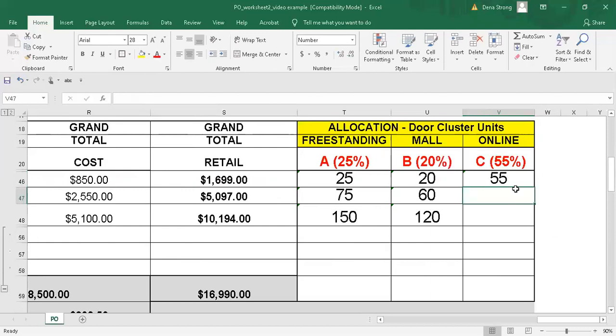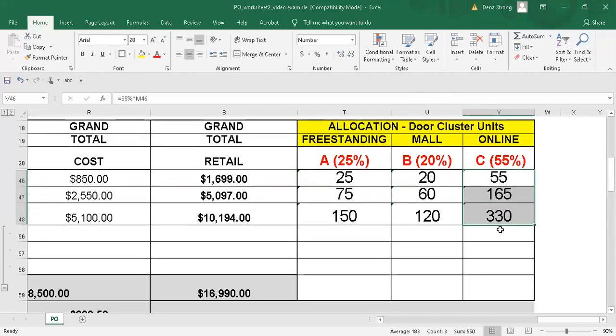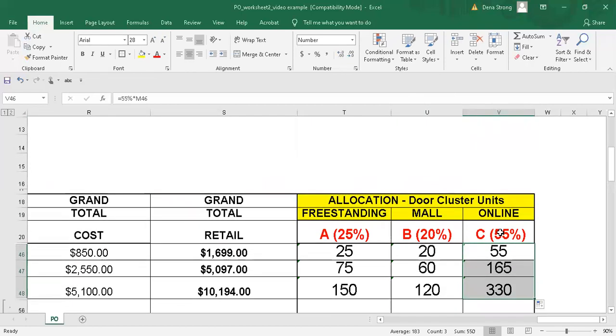So 55 of the hoodies are going online, and let's populate. 165 of the red are going online, and then 330 of the black will be sold online. And again, in the different sizing that's offered, okay? So that completes our purchase order as far as allocating the units for each door.